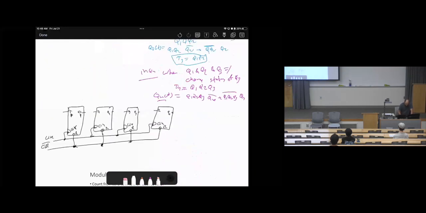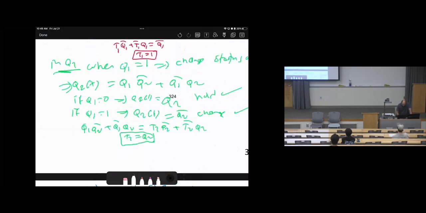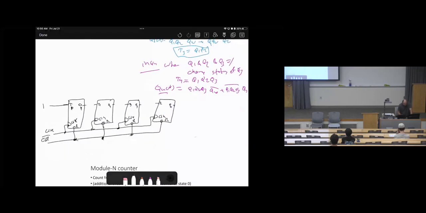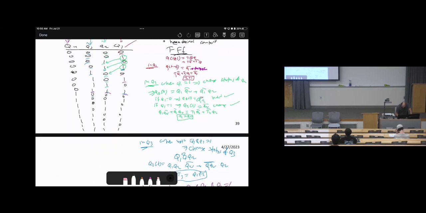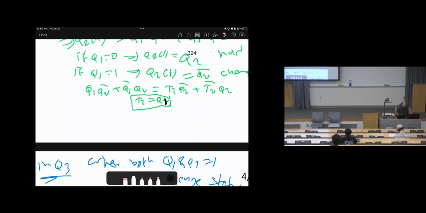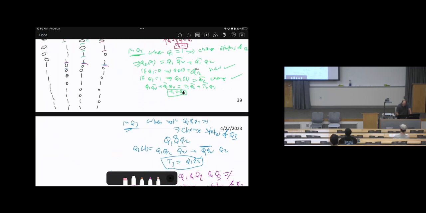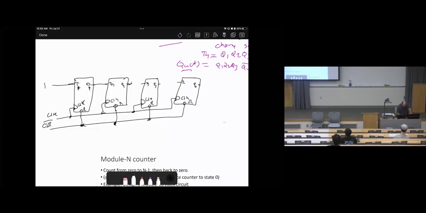That's it for T1. Connect logic 1. What's the value of T2? I'm sorry, what did I say about T? T2 should be Q1, I apologize. Please fix it, Q1. So Q1 will go direct to T2.